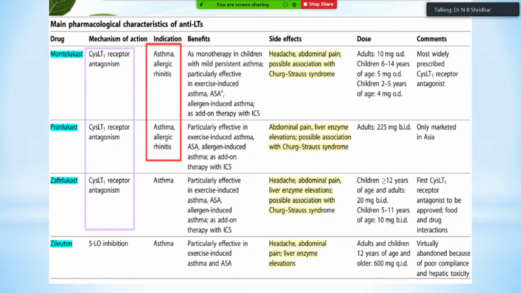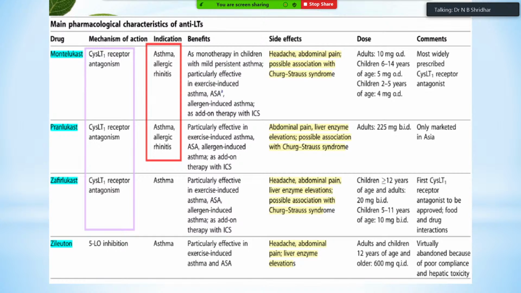Pranlukast is marketed in the Asian continent, whereas Zafirlukast is also a cysteinyl LT1 receptor antagonist, and very specifically it is used in asthma. Especially it is used in exercise-induced asthma, meaning persons who do more and more exercise and suffer from asthma get attacks of asthma, and at that time Zafirlukast is administered, whereas the side effects are very similar to that of the other cysteinyl LT1 receptor antagonists.